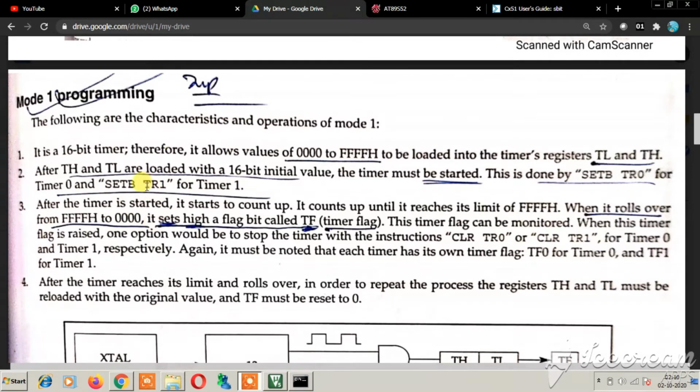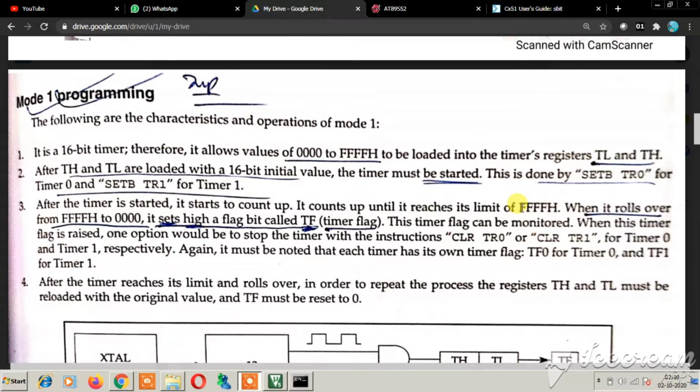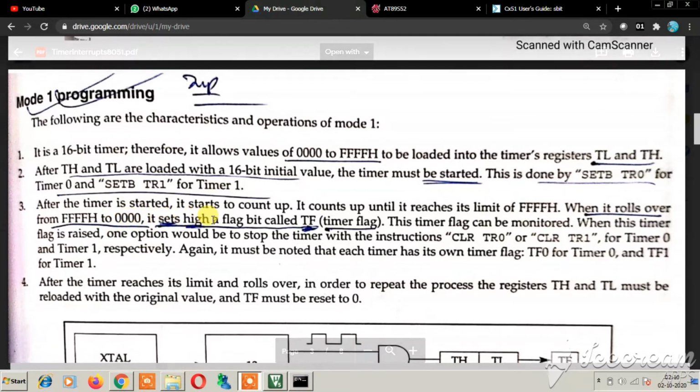After setting this bit, the timer starts and counts up until the limit of FFFF is reached. When it reaches that value, it rolls over from FFFF to 0 hex, and then it sets a flag bit called TF, the timer flag, to high.